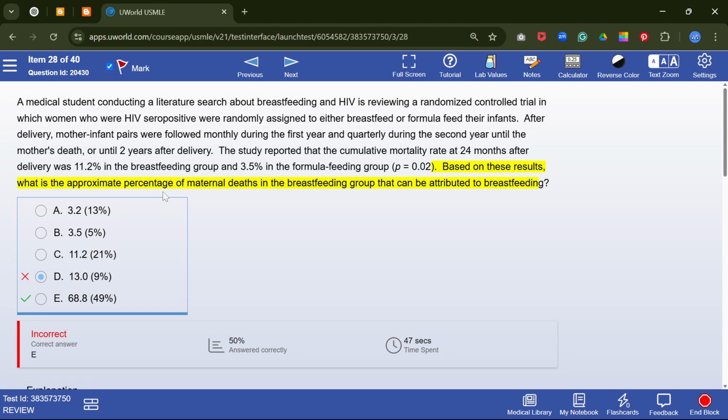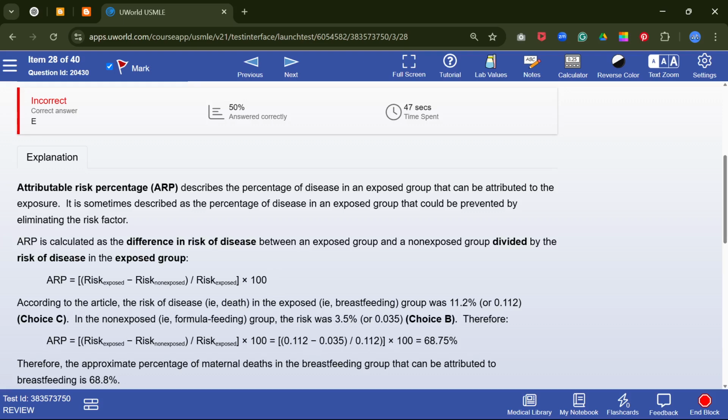Here the risk exposed is 11.2%, that is 0.112, minus 3.5%, 0.035. Okay, risk exposed minus risk unexposed divided by risk exposed, divided by 0.112.